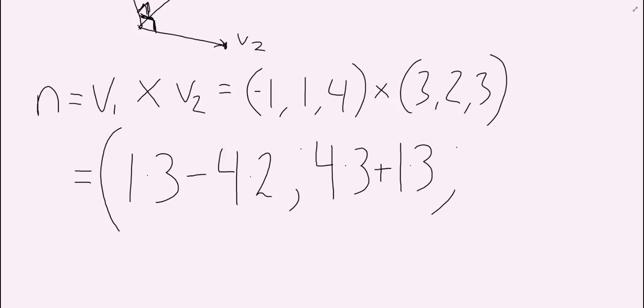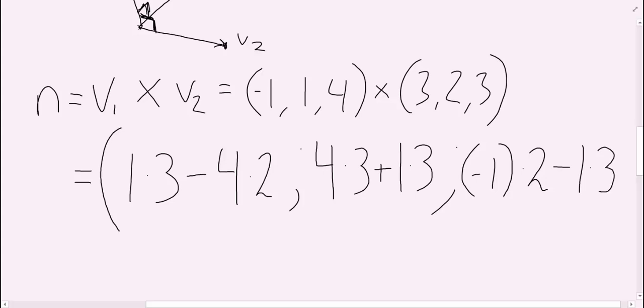Okay, so here we have the y coordinates. The z coordinates will then be minus 1 times 2. We use the x coordinates of the first vector times the y coordinates of the second one, minus the y coordinates of the first one times the x coordinates of the second one. And there we have our vector.